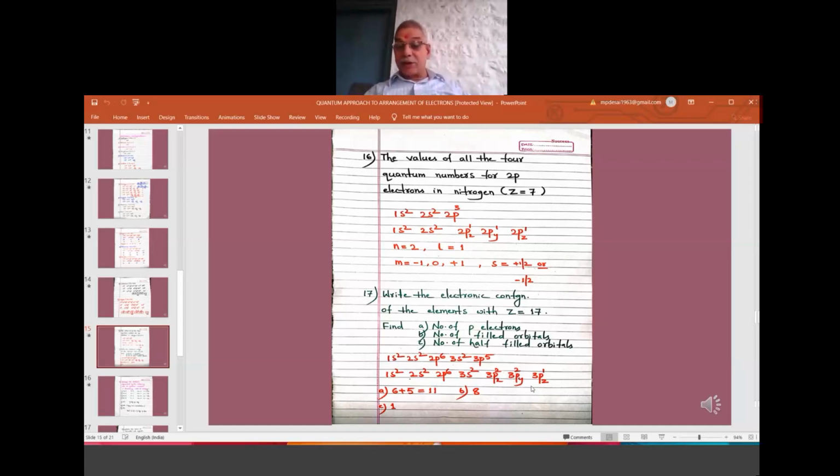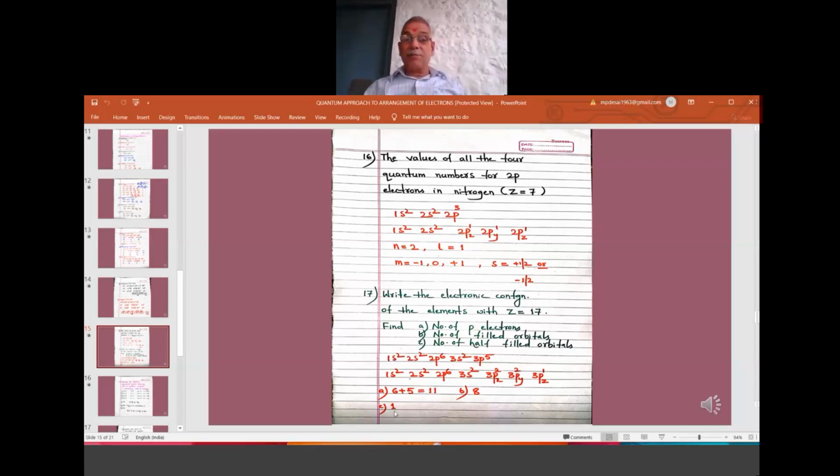Only 1 half-filled, that is 3pz. In 3pz, only 1 electron is there, so it is half-filled. Therefore, the number of half-filled orbitals in the atom whose atomic number is 17 is 1. So the answers are: A is 11, B is 8, C is 1.